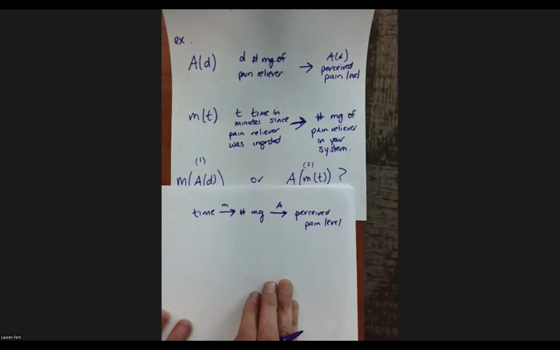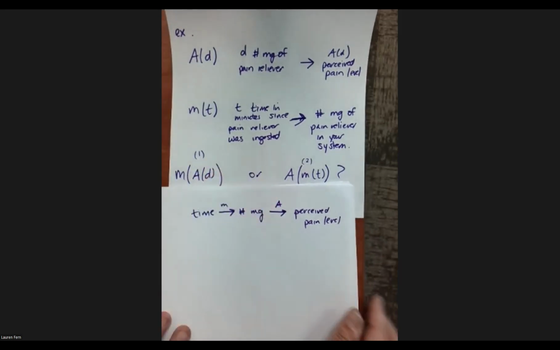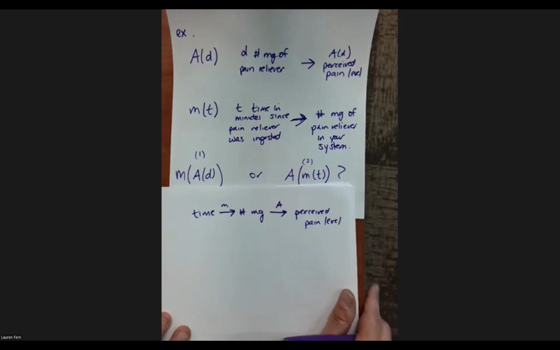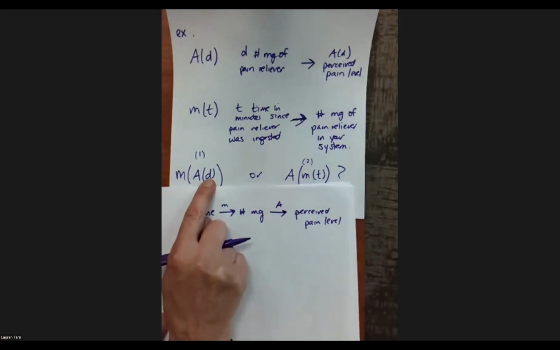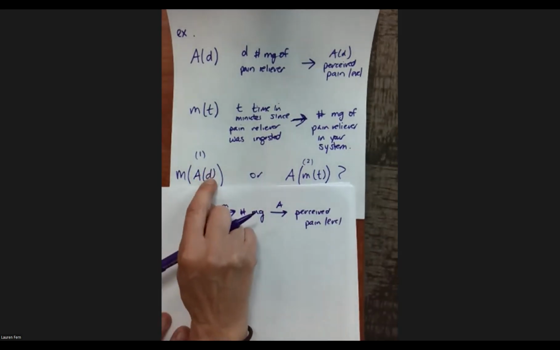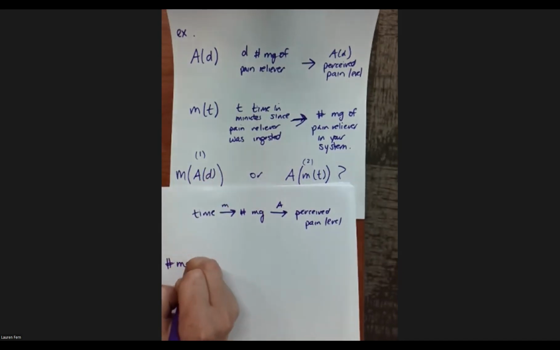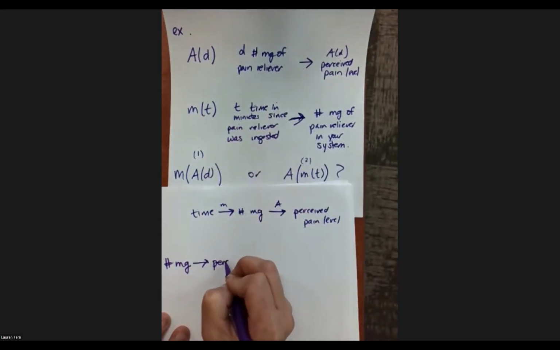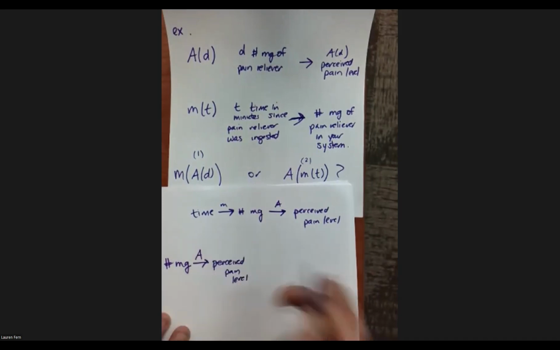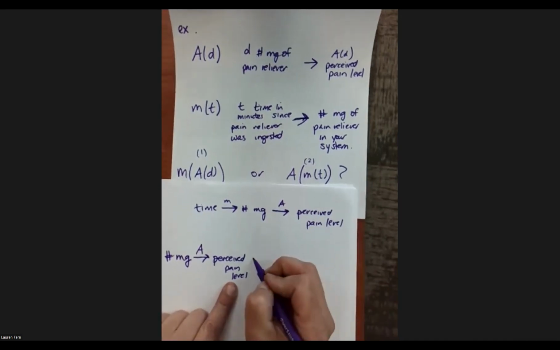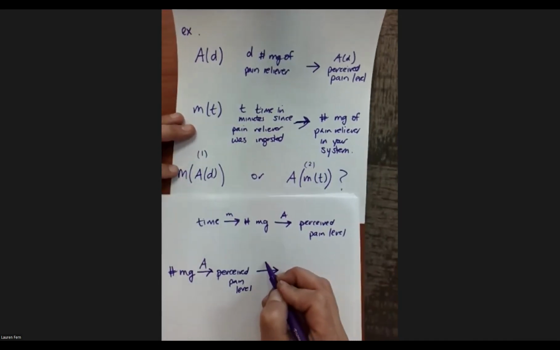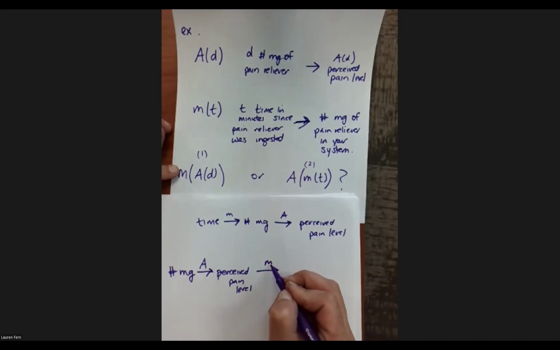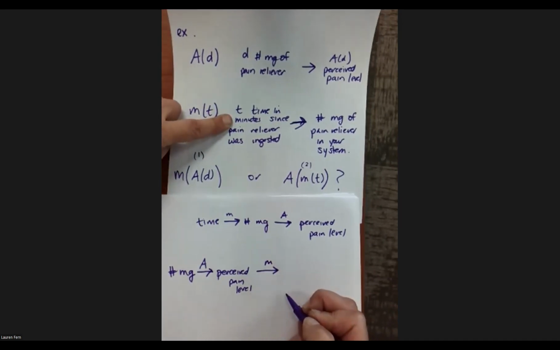Does anyone want me to go through and show you why this first one does not make sense? Okay, the reason why my first one does not make sense is let's play with our inputs, outputs. We start with D, right? The number of milligrams. Okay, the output is my perceived pain level. You with me that far? Well, according to this, now I'm going to plug that thing into my function M. Is that what my input for M is?